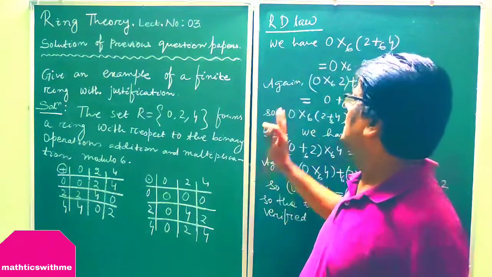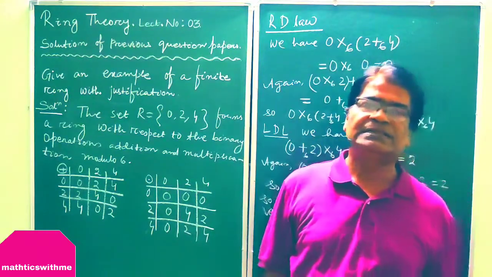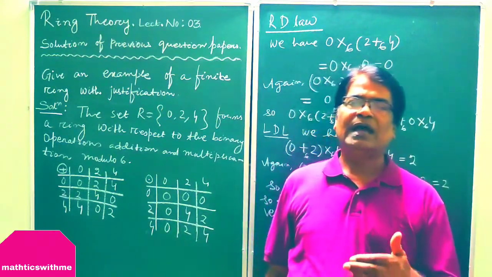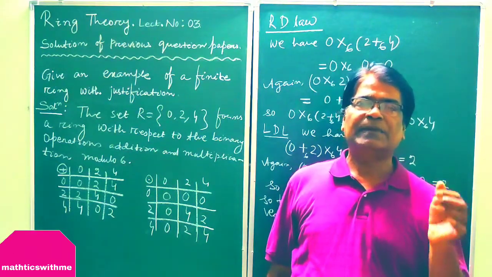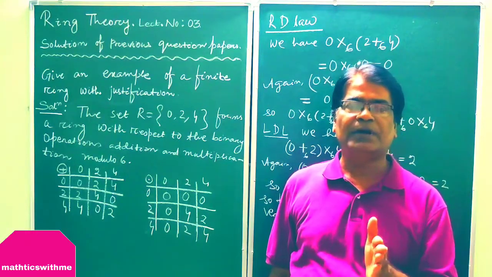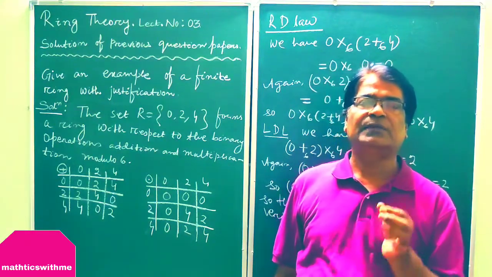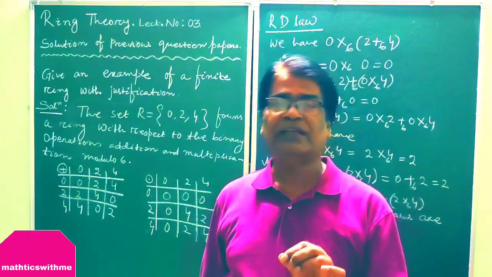Here we have proved the 2 distributive laws. So with this we have verified the collection R satisfies the closure, associative, identity, inverse and commutative axioms with respect to addition modulo 6.